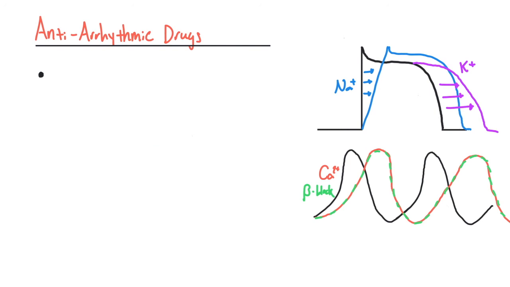Our next miscellaneous agent is magnesium. The mechanism of magnesium is poorly understood, or incompletely understood.